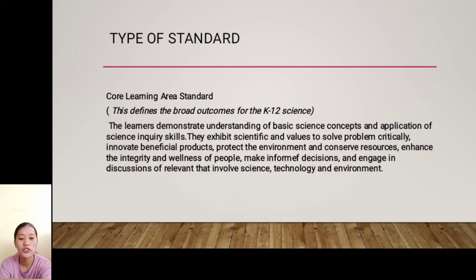The learners demonstrate understanding of basic science concepts and application of science inquiry skills. They exhibit scientific attitudes and values to solve problems critically, innovate beneficial products, protect the environment and conserve resources, enhance the integrity and wellness of people, make informed decisions, and engage in discussion of relevant issues that involve science, technology, and environment.